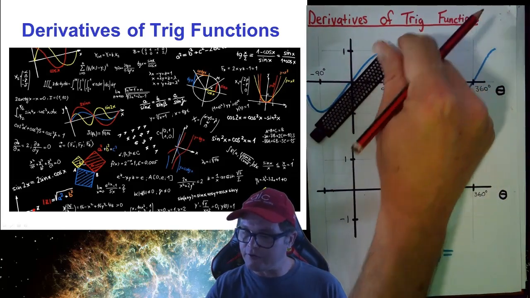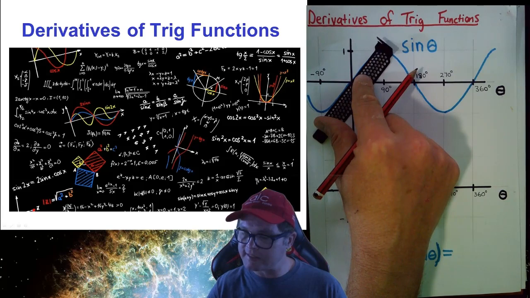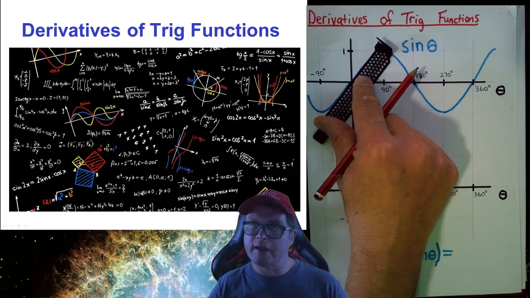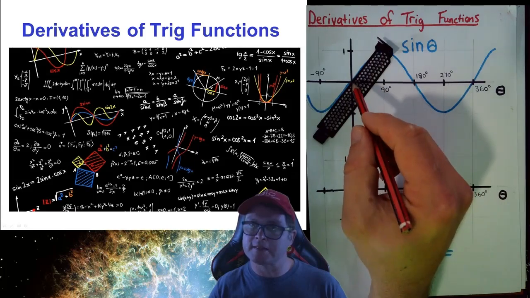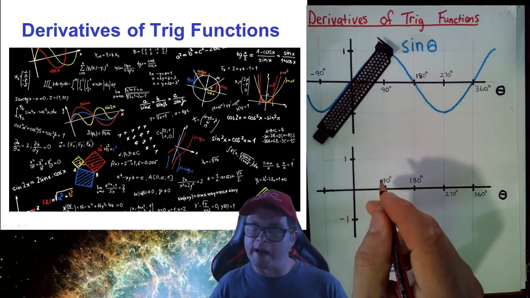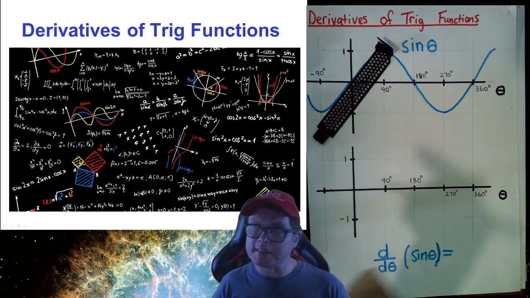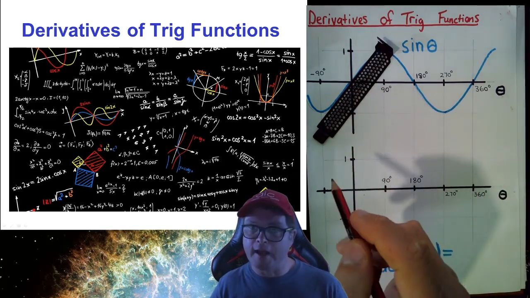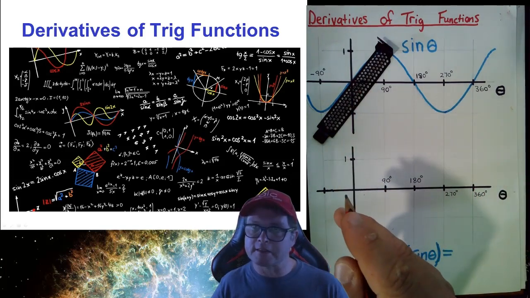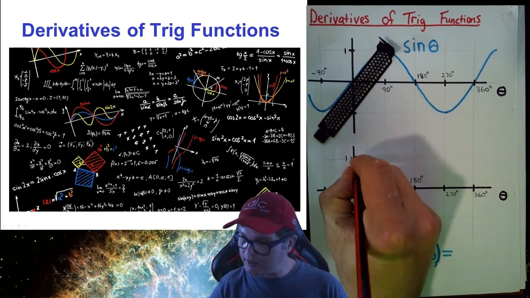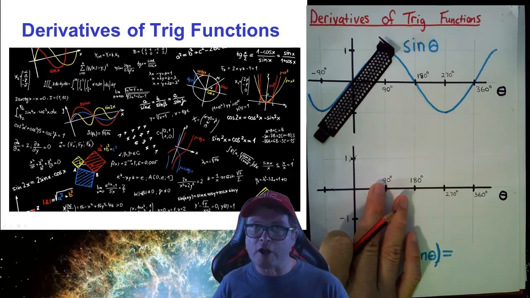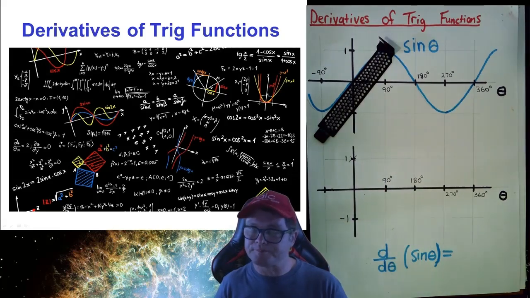Well, to find the gradient, it's a line that's a tangent to that point, and the tangent to sine of theta at 0 has a gradient of 1. So that means that at theta equals 0, sine of theta has a gradient of 1. In the graph below, we're going to plot the derivative.